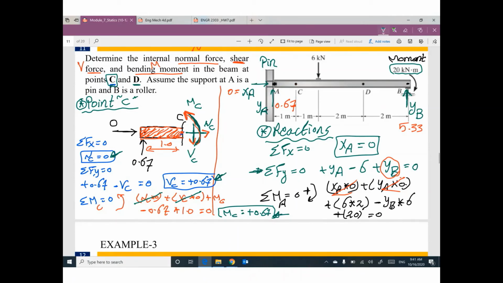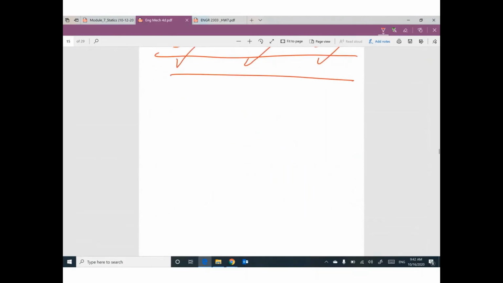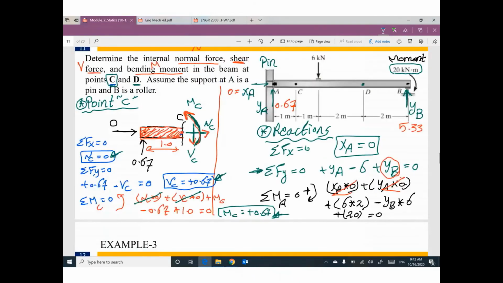Here is point D. So for point D, I will assume I am done with my reactions, and I will forget we have a previous point. Forget it. Here is point D. I will do a new cut at D.